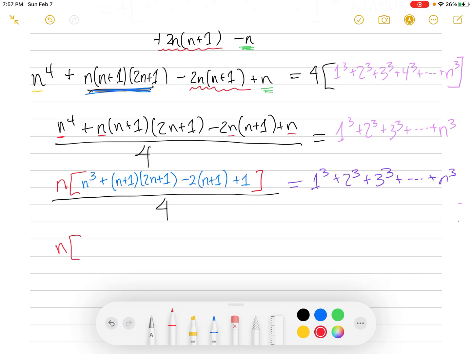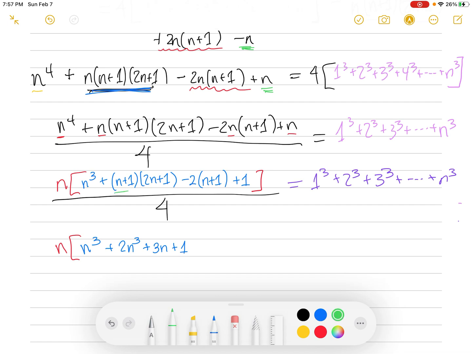The blue stuff. Let's see. I'm going to expand. I'm going to FOIL n plus 1 times 2n plus 1. So when you FOIL that out, what are you going to get? You're going to get 2n cubed plus 3n plus 1.